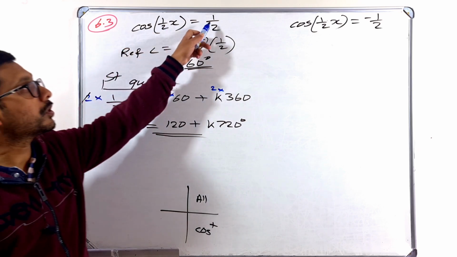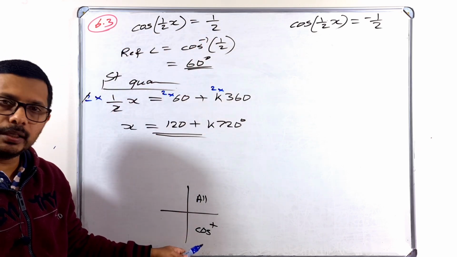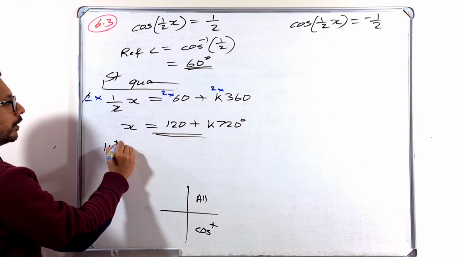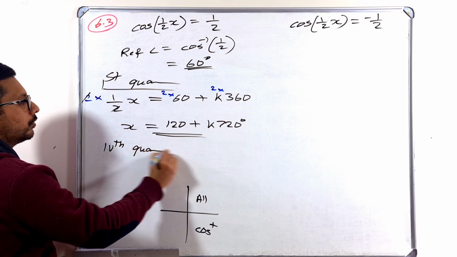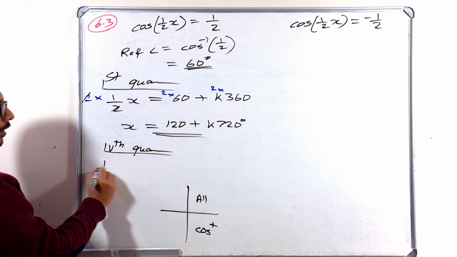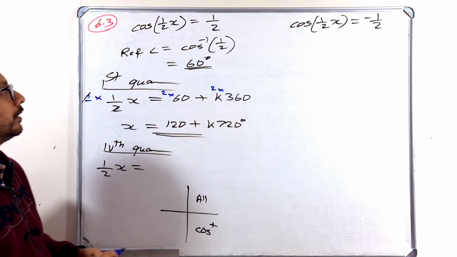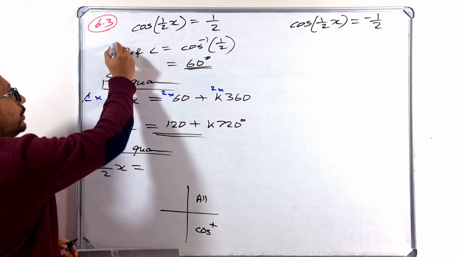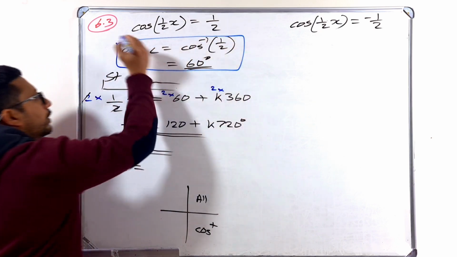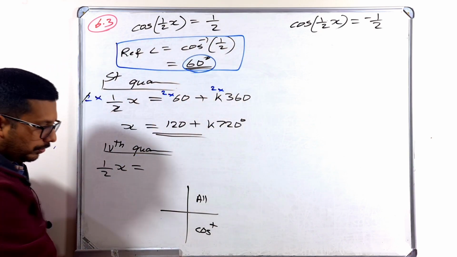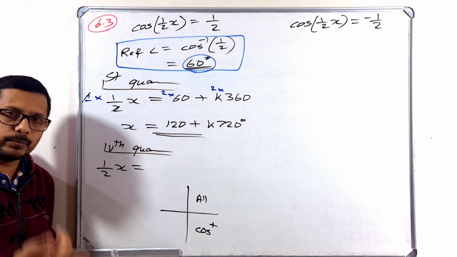So cos is positive on the first quadrant and the fourth quadrant. Now we have to talk about the fourth quadrant. Fourth quadrant, how can you write? Half x is equal to, 60 is our reference angle. So half x is equal to, in the fourth quadrant, 360 minus theta.